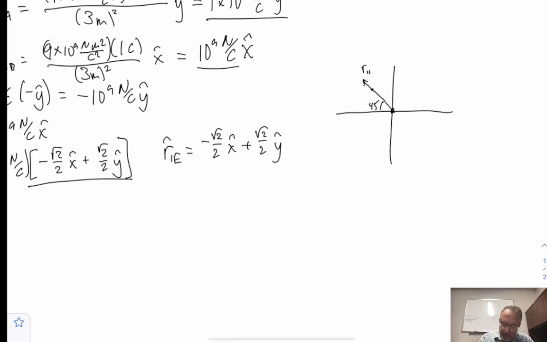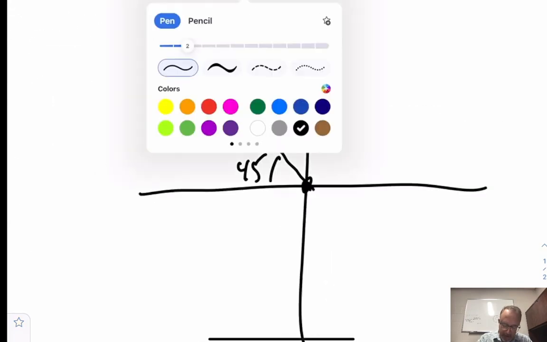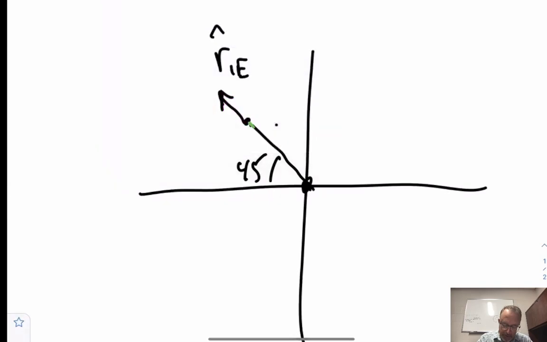So this triangle that's formed here, let's zoom in, has a hypotenuse of R1E, an x component, XE, and a y component, YE.